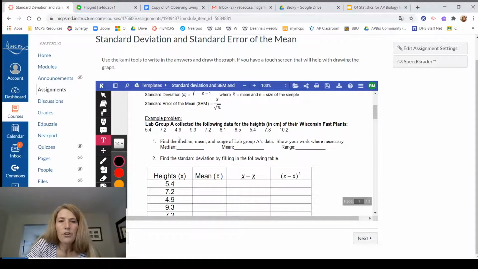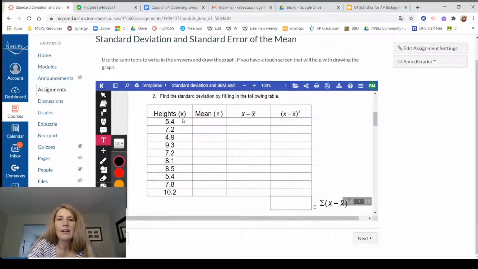The first thing you would want to do is write this in order from smallest to largest. To find the median, that would be the middle value. So if there's 1, 2, 3, 4, 5, 6, 7, 8, 9, 10, there's 10 values. So the median would be the value between the 5th and 6th. So whatever the 5th and 6th value are, so if one's, I don't know, 7 and the other one's 8, it would be 7.5. It's the average of those two.